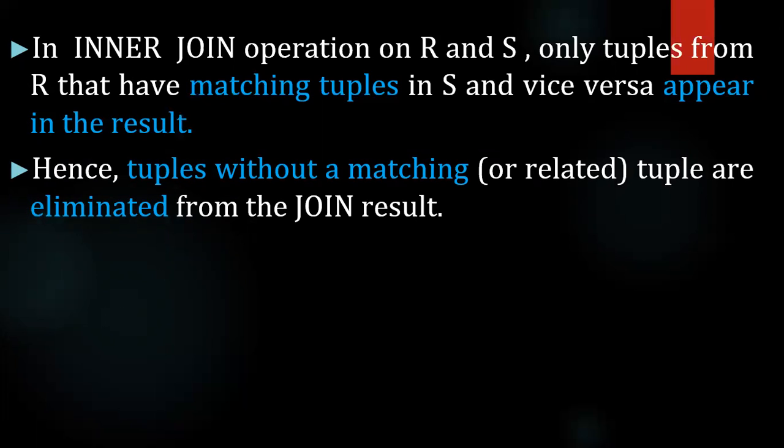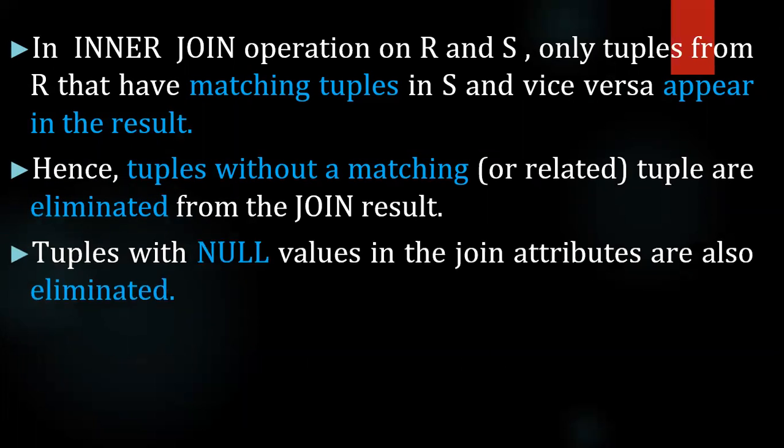In inner join, the tuples without a match, which are not related between those two relations, are eliminated from the join result. The purpose of joining two relations is to extract only those tuples which match between them. Other tuples should be eliminated.